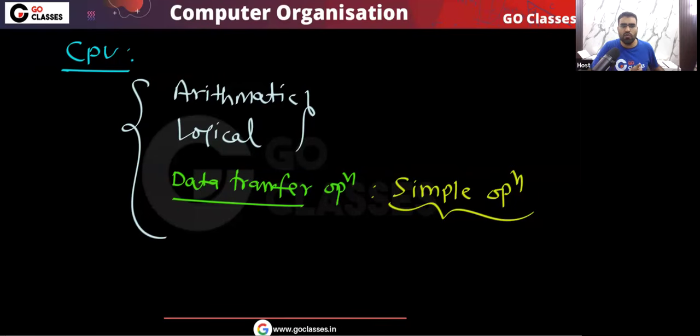Okay, so now what do we do? Tell me, in this situation what will the CPU do? If the CPU does not want to do data transfer, because it is a very simple operation, you just have to transfer the data from one place to another, then if the boss does not want to do it, what can the boss do? The boss can hire some person. Yes or no? For this simple data transfer operation the boss can hire an employee.